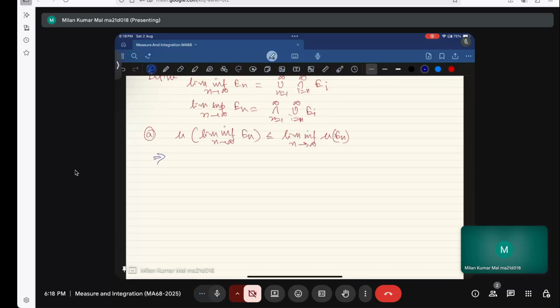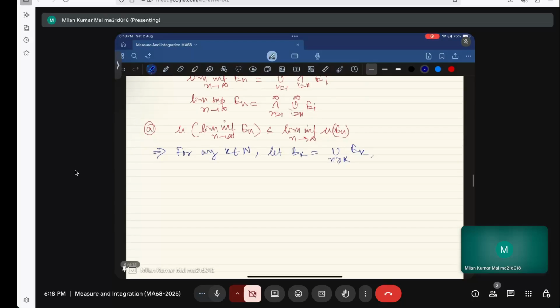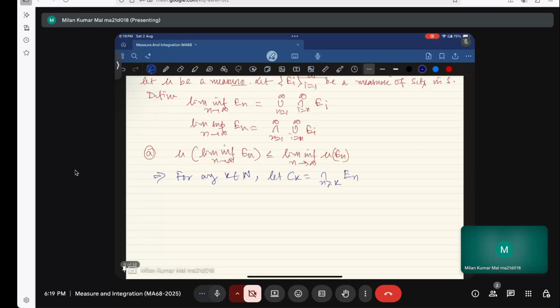For any k belonging to the natural numbers, let Bk be the union of En for n greater than or equal to k, and we will denote Ck as the intersection of En for n equals k to infinity. So I am writing this as Ck.